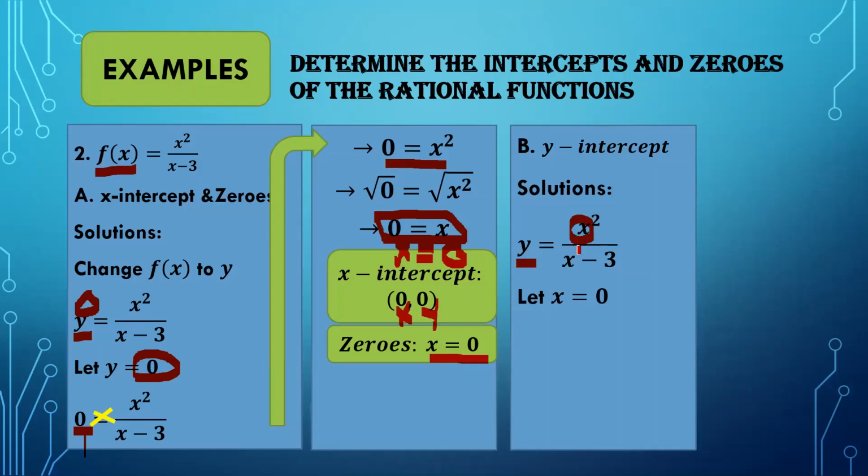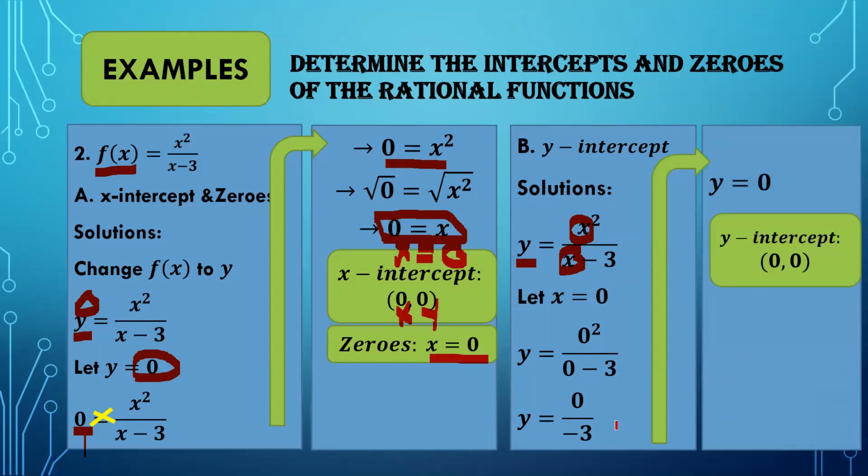So y is equal to 0 squared all over 0 minus 3, and that is 0 over negative 3. 0 times 0 is 0, 0 minus 3 is negative 3, and 0 divided by negative 3 is 0. So therefore, the y-intercept is (0, 0). Again, this is x and this is y.